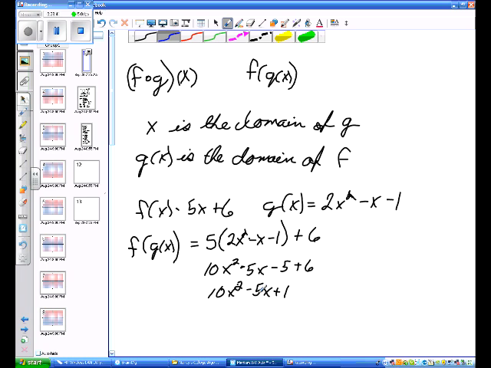And we might want to take this and find a specific value. Maybe we want to find f of g of 2. Well, we just found out what f of g was. So what we're going to do now is to take our function, wherever there's an x, we would plug in 2.